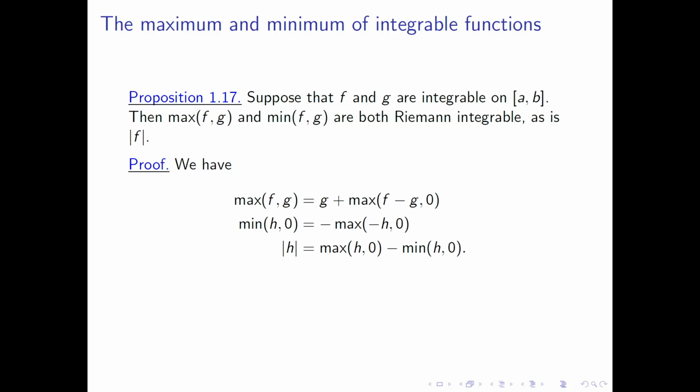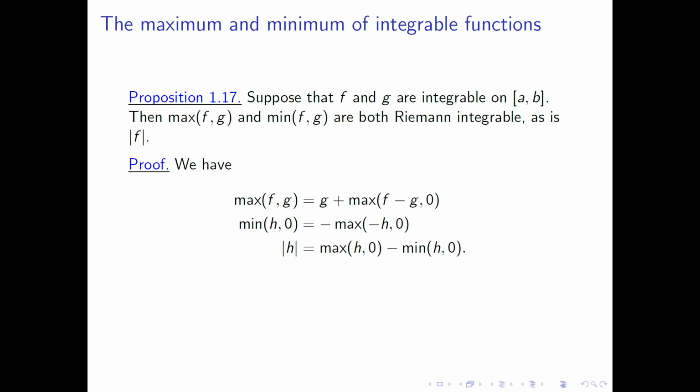So that first equality, the reason for using that is because that means that I don't necessarily have to consider the maximum of f and g and show that's integrable. If I can just show that the maximum of an integrable function and 0 is integrable, then I'll be done. Because f minus g we know is integrable by what we already proved.